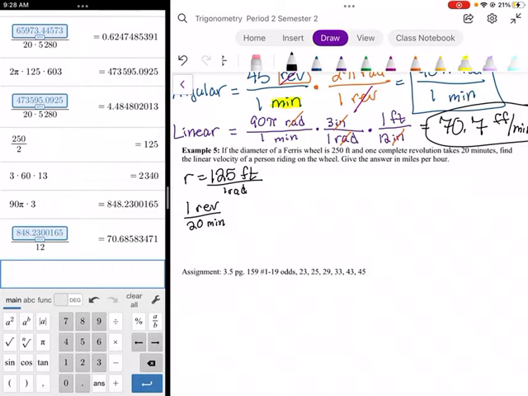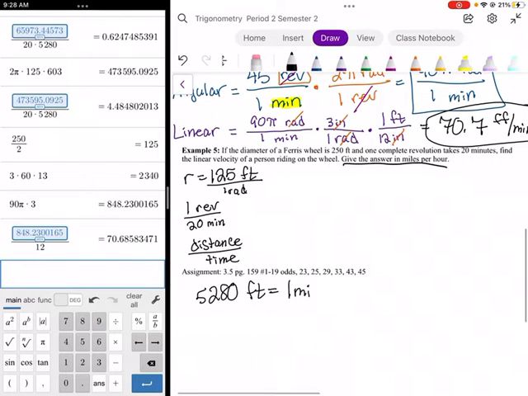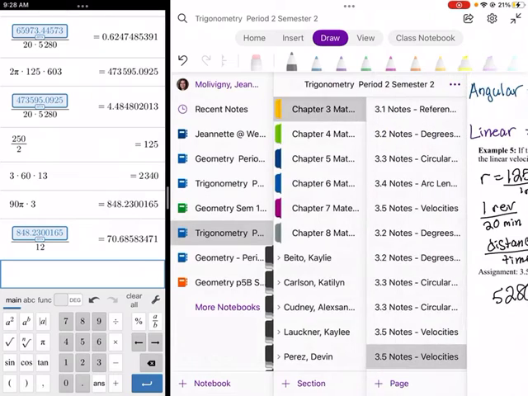We are going to find the linear velocity of a person riding on the Ferris wheel. So we're looking for distance over time. We're giving our answer in miles per hour. So for this one, and this value will be given to you on the tests and quizzes, 5,280 feet is equal to 1 mile.